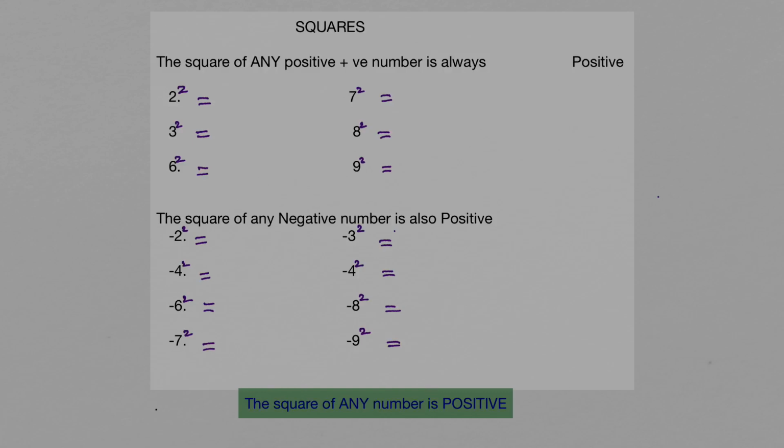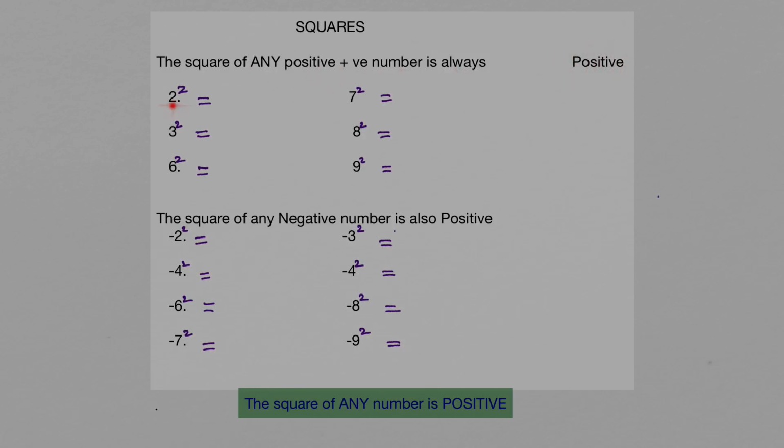Okay, now I'm going to cover the squares part. We have just done the power notation, and you will see how we would use power notation in squares. The square of any positive number is always positive.